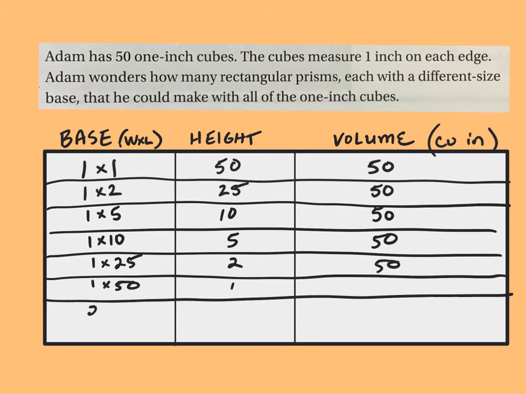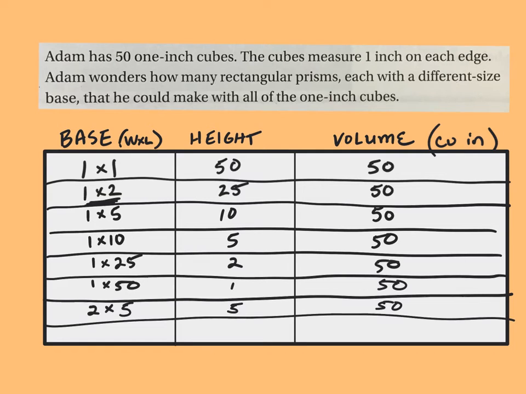So I'm going to move on to 2. 2 times, we already have 2 times 1 up here. So I'm not going to repeat that. 3, 4, no, I could do 2 times 5. That's 10. And then 10 times 5 is 50. And keep going.